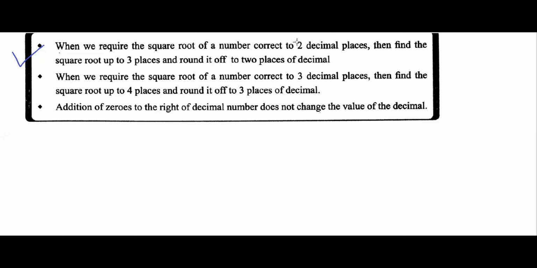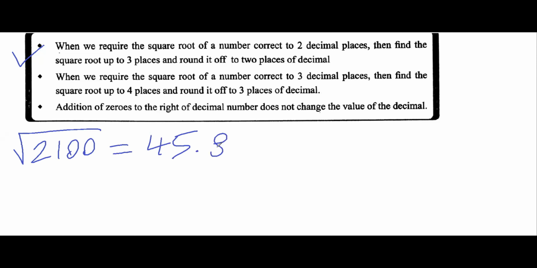Okay, now let's consider another example of finding the square root of a number. This time I will take 2100. The square root of 2100 is 45.82575. I will show you how we found this shortly.